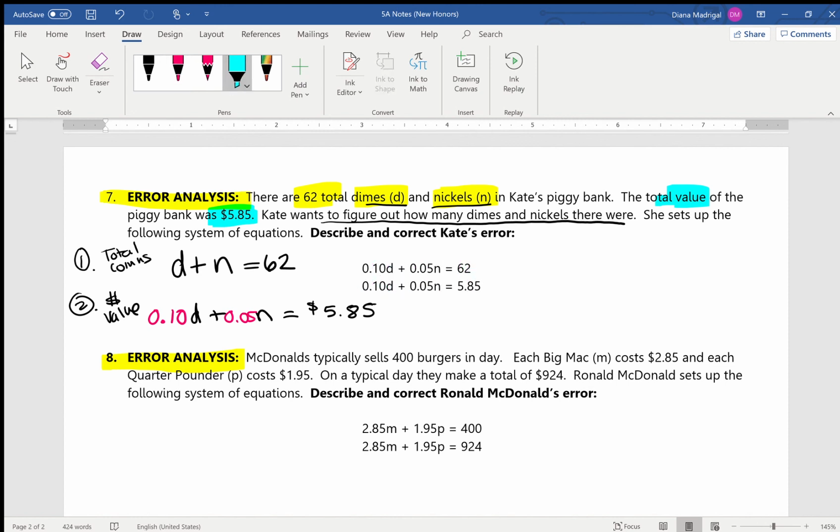The mistake here, I noticed that the second equation is exactly how I have it, so that one's good. However, the first equation, I noticed that they put the 10 cents and 5 cents for N and D, which is wrong. So the mistake is that they put the money value of dimes and nickels.